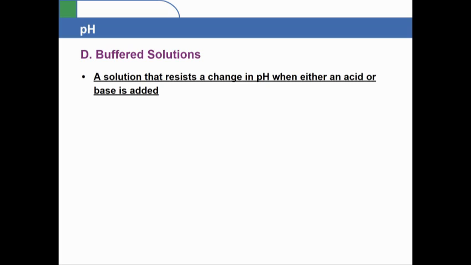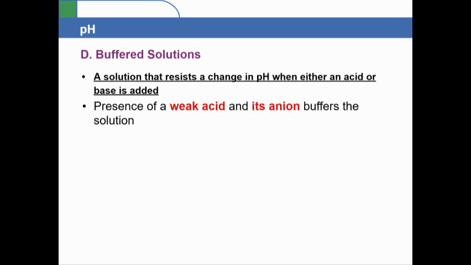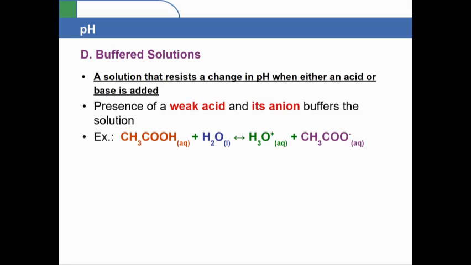And the way it works is that if you have a weak acid in solution, like in equilibrium, and then you add a lot of its anion, whatever it turns into, then it will buffer that solution. For example, here we have our acetic acid in water equilibrium equation.